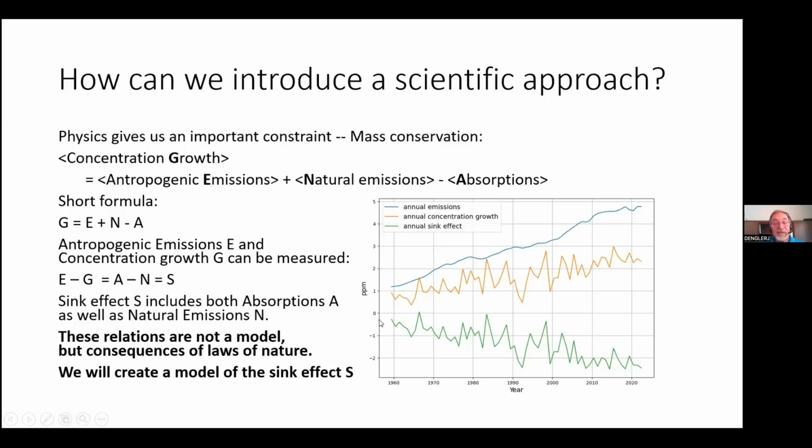And what is important, these relations that you see here, this is not a model. This is a consequence of a law of nature. We are not modeling here, we are measuring and applying a law of nature. What we will do, we will make a model of the green line eventually.